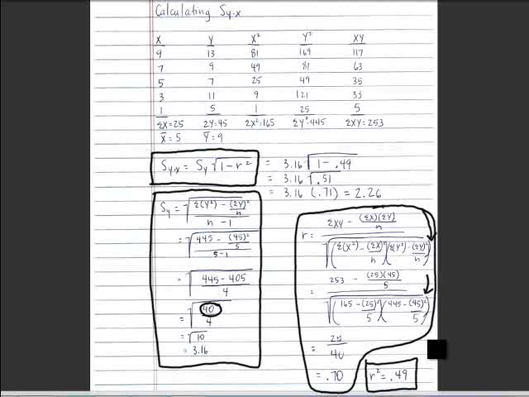So when the standard deviation in that y variable is large, you're going to have not as good a prediction. So the standard error of prediction is going to be much larger.